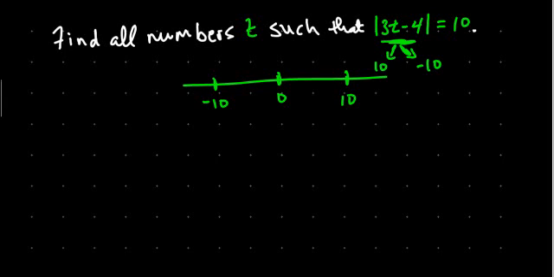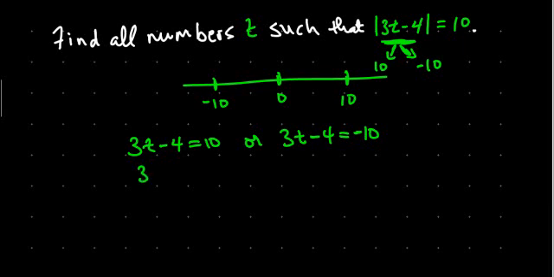That is, 3t minus 4 must equal 10, or 3t minus 4 must equal negative 10. That's the only way that it could have an absolute value of 10. If I take the absolute value of something and I get 10, that means the thing I took the absolute value of must have been either 10 or negative 10.